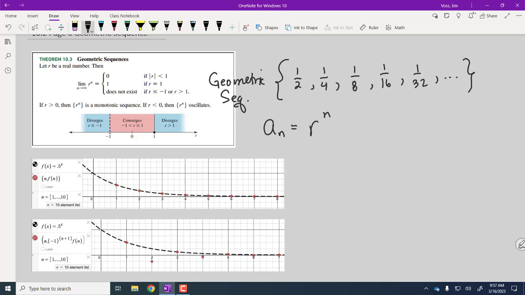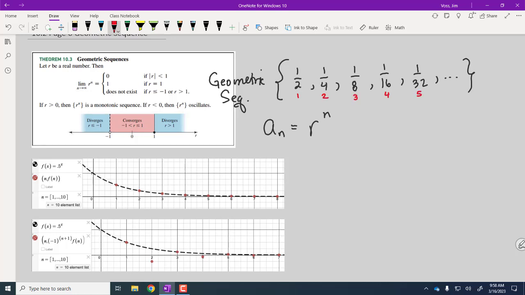And this particular geometric sequence has an r value of 1/2, and it has an n value that starts at 1. Because this sequence here is going to start at the first y value, or the first sequence value is 1/2. It's there. So the n values down here are these.